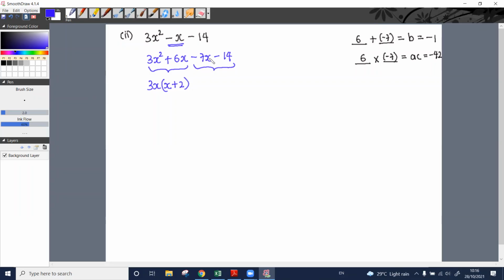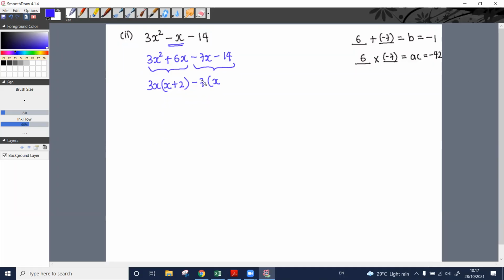Then take the second couple. Here, what is the common factor? Minus 7x is there and minus 14 is there. Common factor is minus 7. For this minus 7 to become minus 7x, minus 7 needs to be multiplied by x.